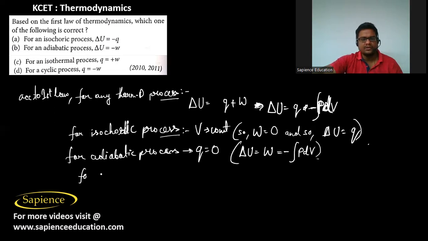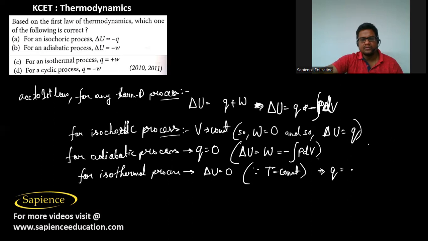And for isothermal process, we can say that delta U will be equal to 0. Since the temperature should remain constant. So if delta U is 0, it means Q should be equal to minus W, or I can say it will be integral PdV.